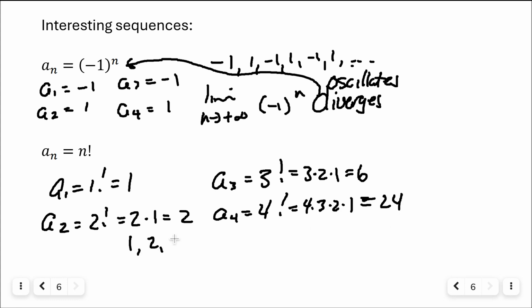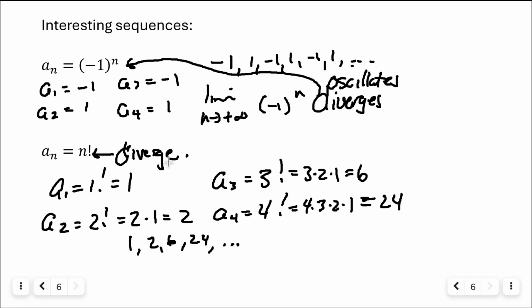So my list of terms of this sequence would be 1, 2, 6, 24, and then I'd go on from there. Hopefully you can see, just by looking at this, that the higher the number you plug in, the larger the value is going to be. When you get to values like even 100, that number is going to be very, very large. And as n goes to infinity, this sequence would diverge.